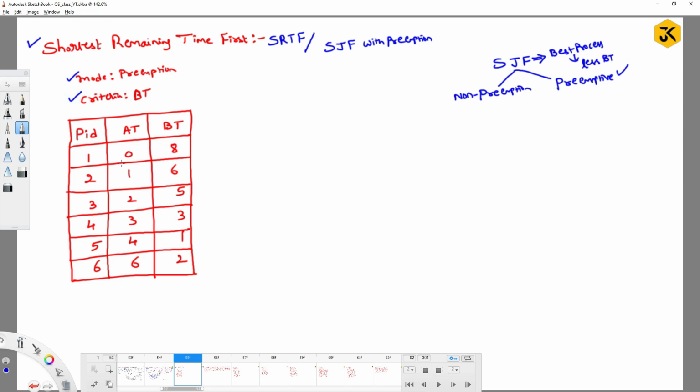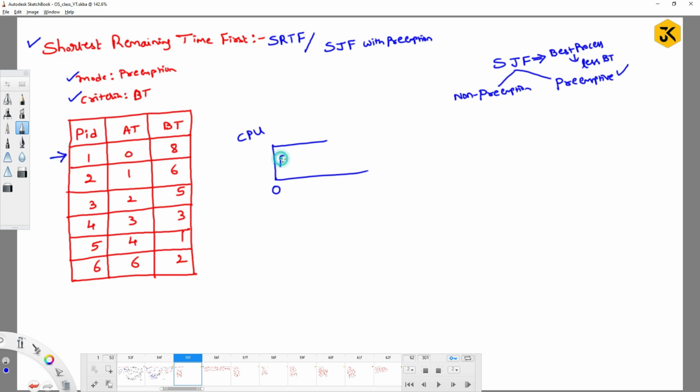Let's take an example so that you can get a clear idea. I will try to draw the Gantt chart for it. If you assume this as a CPU, the CPU time starts at 0. At the arrival time of 0, what processes are available? P1 is available, right?